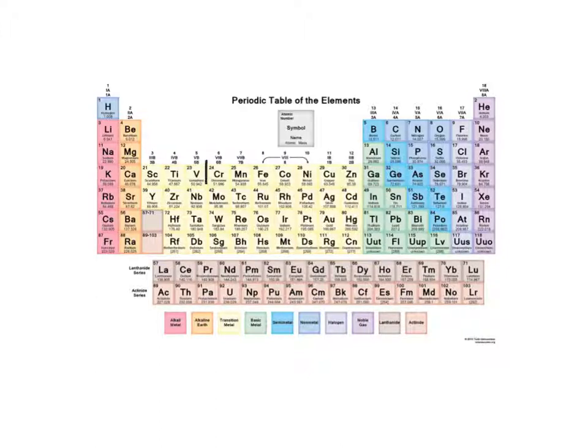I'm going to highlight some, and there's more, but these ones are really, really common. So chromium through copper, mercury, and tin and lead. Whenever you see one of those cations, you need to include a Roman numeral to signify what kind of charge that ion has.